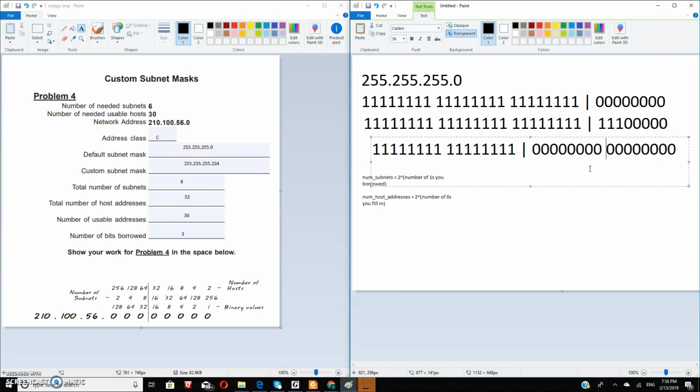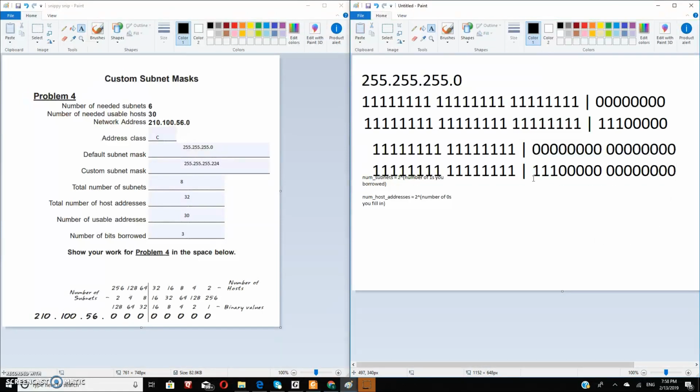So we had class B, and we needed to only borrow 3 bits. We would fill in everything with 0. That's not applying with problem 4, but for future problems, you would just have a lot of zeros there. So that's how you solve the problem, really. It's not that hard. It's just a matter of being able to apply these algorithms to generate the answers here.